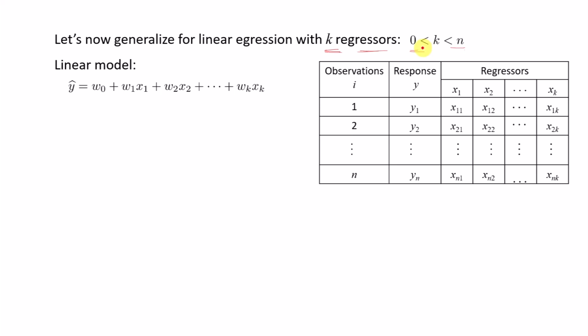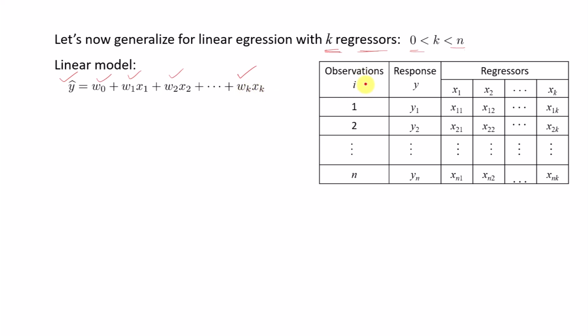So for such cases, we need a general relationship. So for instance, we take here the model, which is again a linear model, y hat is equal to w0 plus w1 x1, w2 x2, all the way up to wk xk. So now we have unknowns from w0 to wk, total k plus 1 unknowns.